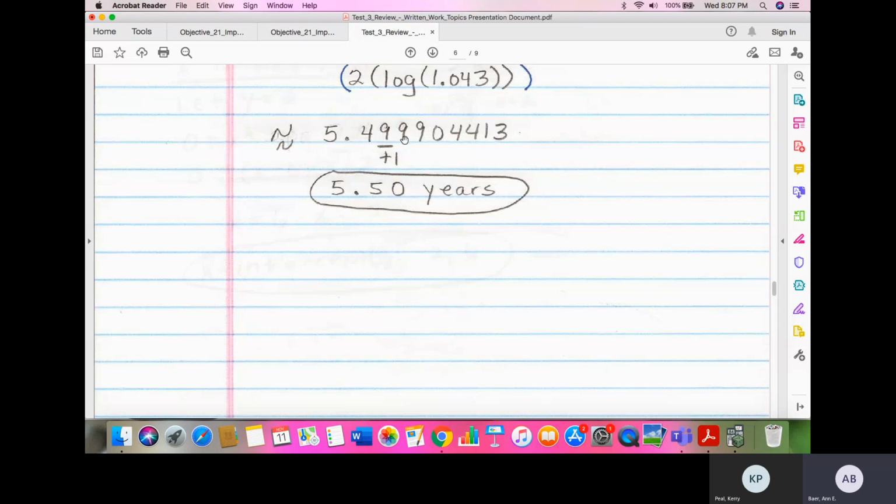But the next digit is a 9, which is 5 or greater, so we have to add 1 to this 9. This works just like you learned arithmetic where you carry. 9 plus 1 is 10, so we write down the 0 and we carry the 1 over here and we get 1 plus 4, which is 5. So 5.50 years. Any questions on this particular problem?